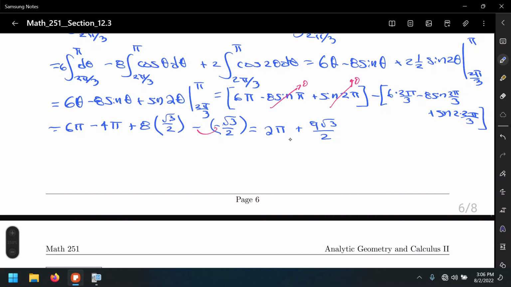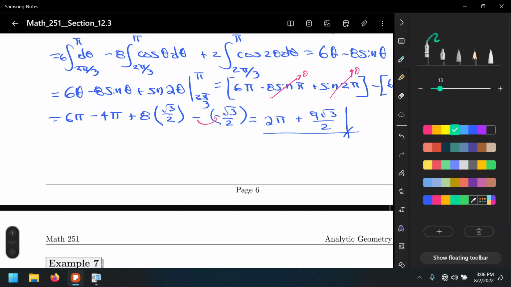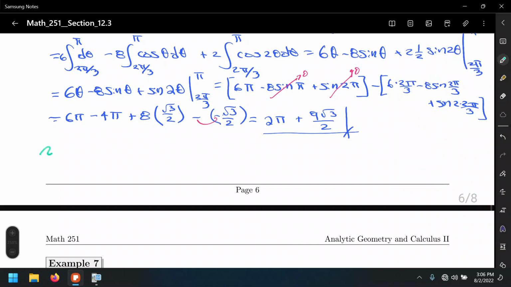Alright, let's go back to the original problem. Yes, we're almost there. So recall from the very beginning of the problem we set area to be 2 times R1 plus R2. But once we computed R1 and R2, we reset up this problem as I1 plus I2, which in this case is the result of combining the result of I1.